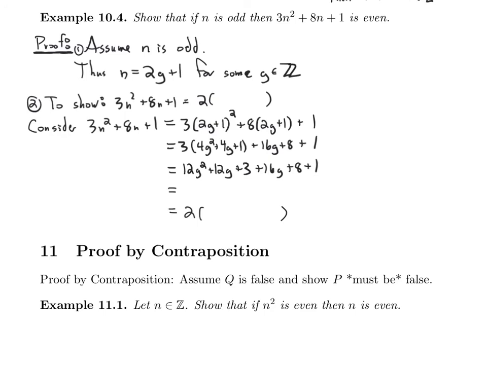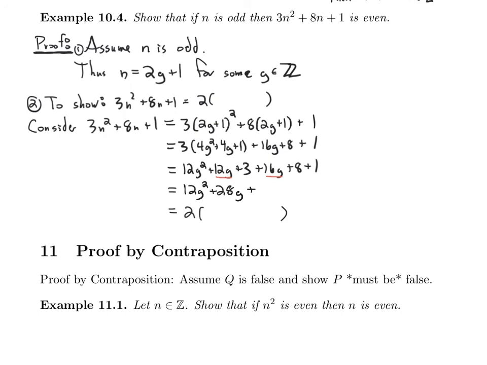Okay, let's combine our like terms. We don't have any g squareds besides 12g squareds, so that stays 12g squared. Let's combine our g's. We have 12g and 16g. That is indeed 28g. And we have our constants.